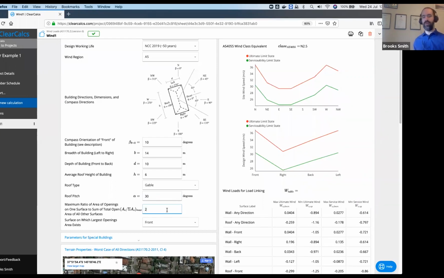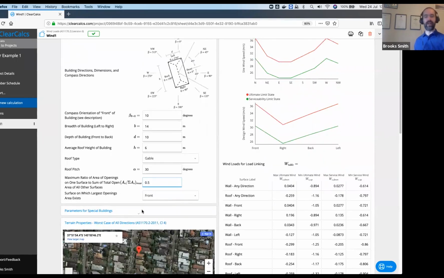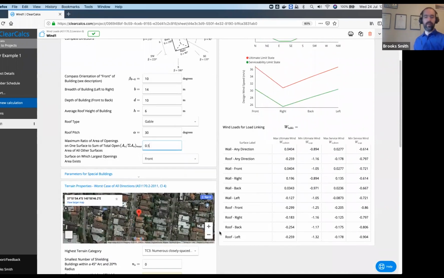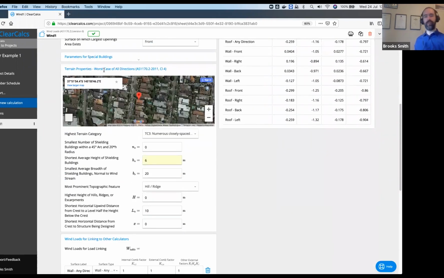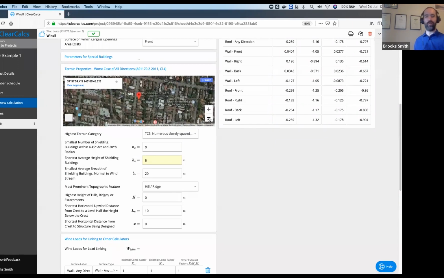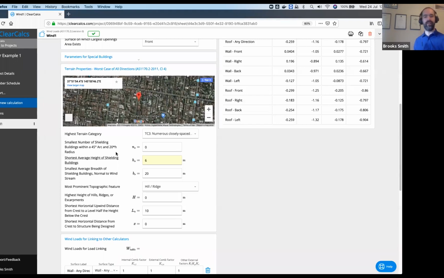That ratio of openings from one surface to all of the other surfaces, we set as 0.5 here, so relatively even between all of the surfaces, and largest on the front. We can then set our terrain parameters, and we give you the Google satellite map of your location right in this calculator as well. So you can hopefully easily look up what all of your terrain categories and shielding factors and such should be.